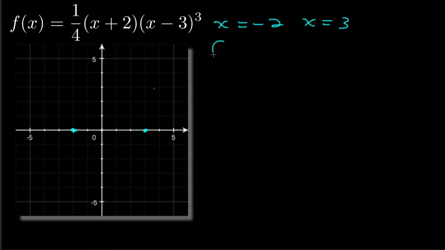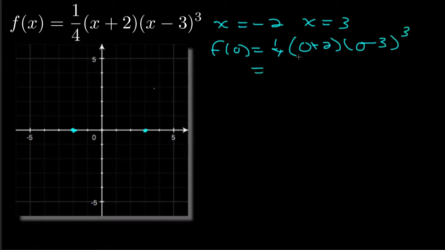The y-intercept now, plug in 0 for x, and we get 1/4 times 0 plus 2 times 0 minus 3 cubed. 1/4 times 2 is 1/2. 3 cubed is negative 27. So we wind up with negative 13.5 as our y-intercept. That's way off our grid here, so it's just going to be somewhere way down there.